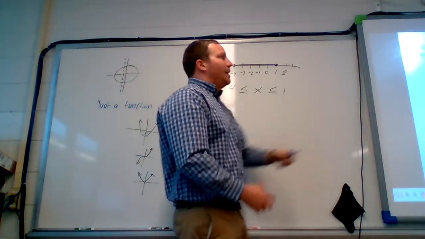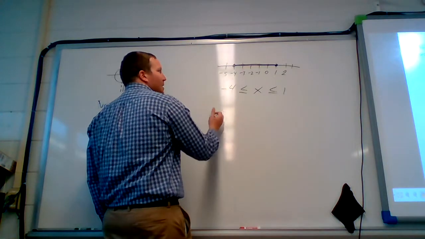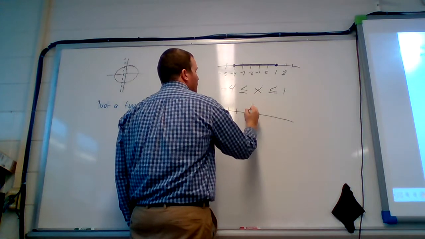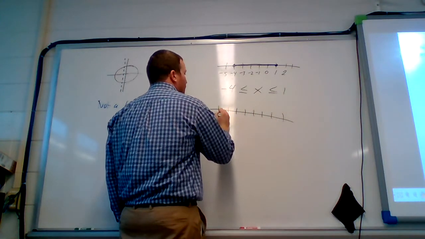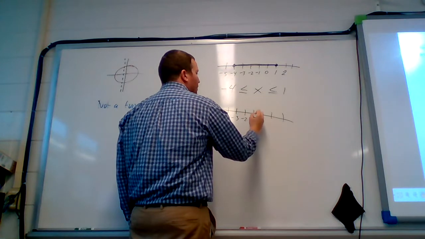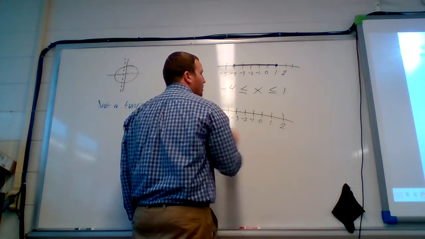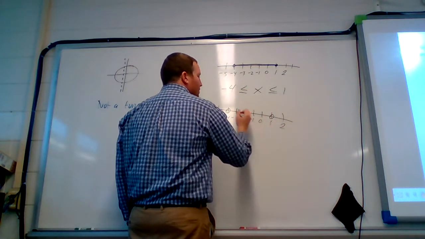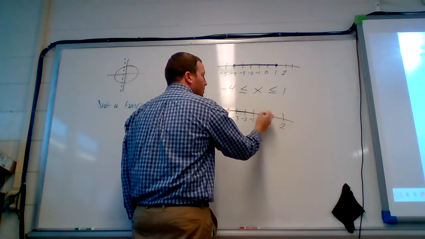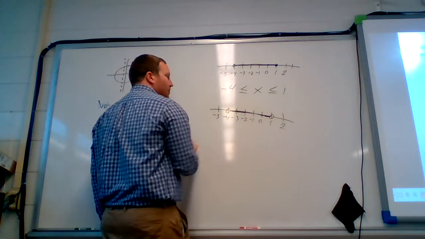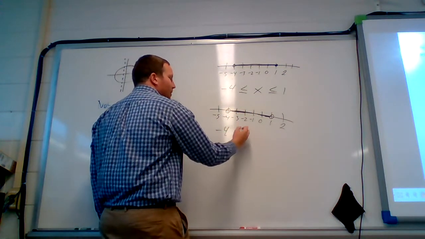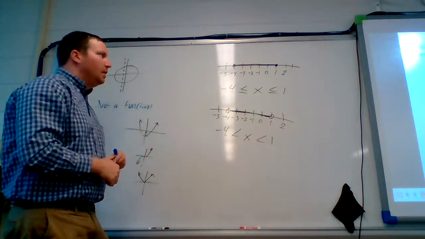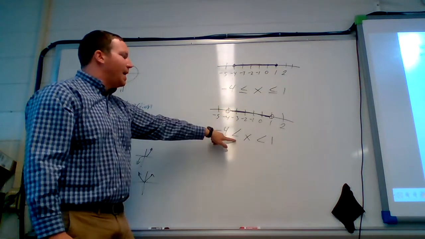If we changed it and said a is less than x is less than b, I'll use those same points, -4 and 1. This time I have an open circle, still shaded in between. So this time I'm going from -4 is less than x is less than 1. So notice open circle means that value is not included.